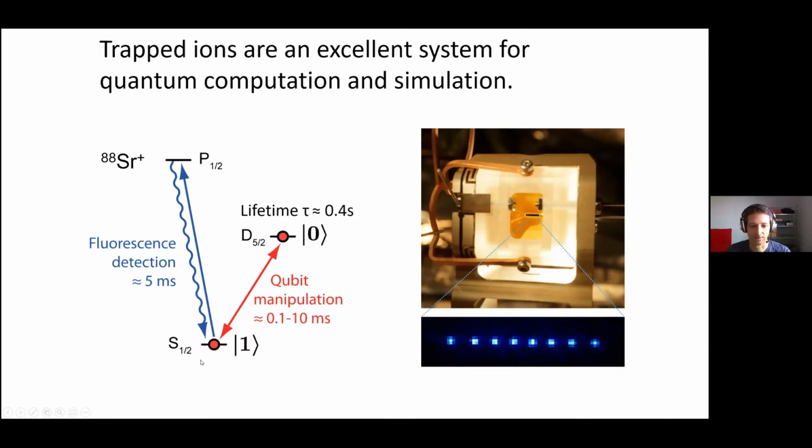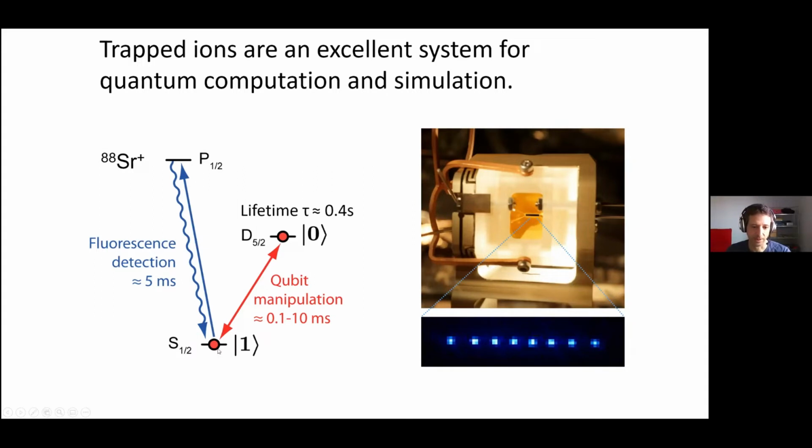In our experiment, we use the S1/2 ground state of the strontium-88 ions as the 1 qubit state, and the D5/2 metastable state as the 0 qubit state. There are several Zeeman sublevels in these two manifolds, and we will use one of these Zeeman sublevels as the qubit state.